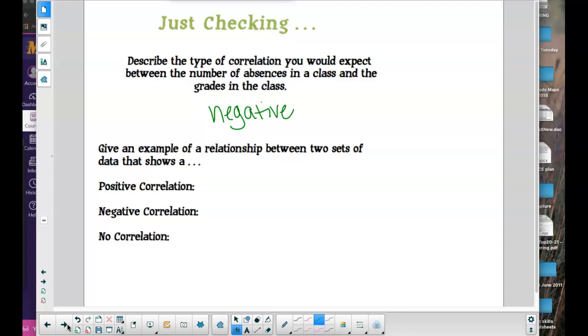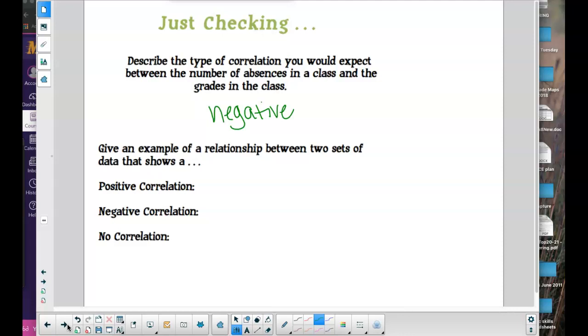How about the amount of time you spend studying and your grade? Would that be a positive correlation? In general, if you spend more time studying, what's going to happen to your grade? It's probably going to go up, right? Would everybody agree with that? And if you spend less time studying, it's going to go down. So they're going in the same direction, so that's a positive correlation.